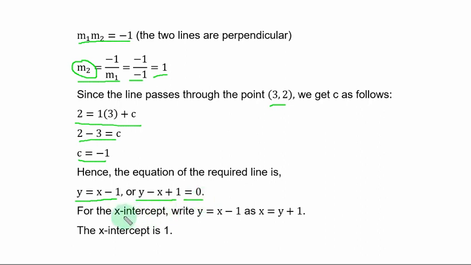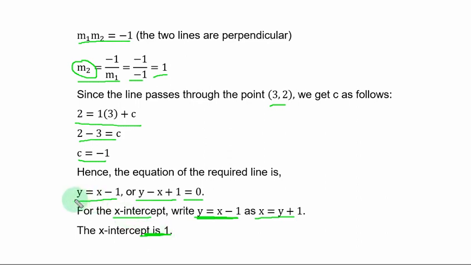Next thing is to get the x-intercept. For the x-intercept, you ensure that you make x the subject in this case. If you make x the subject, you have x equal to y plus 1, so that the x-intercept is 1.